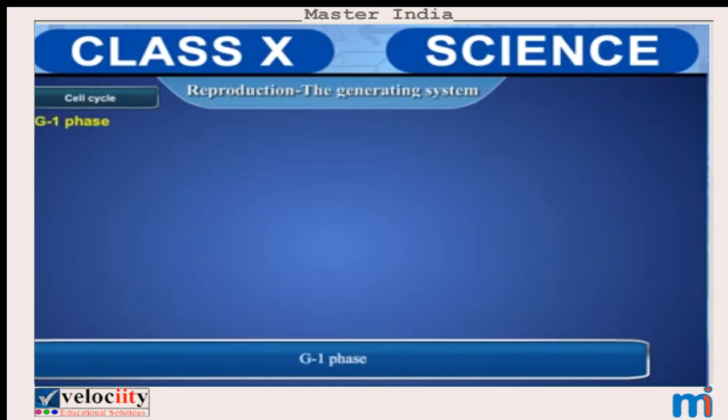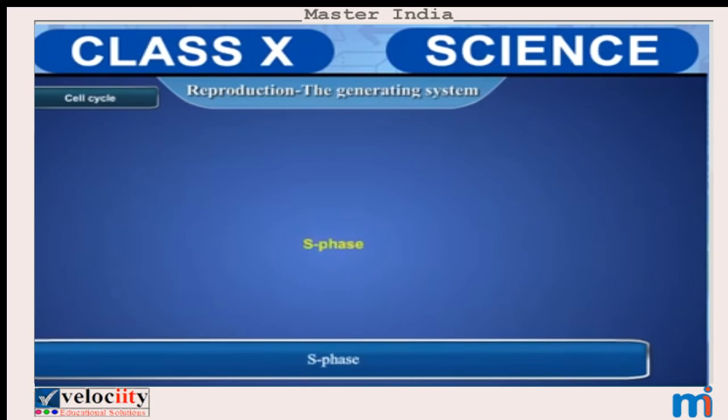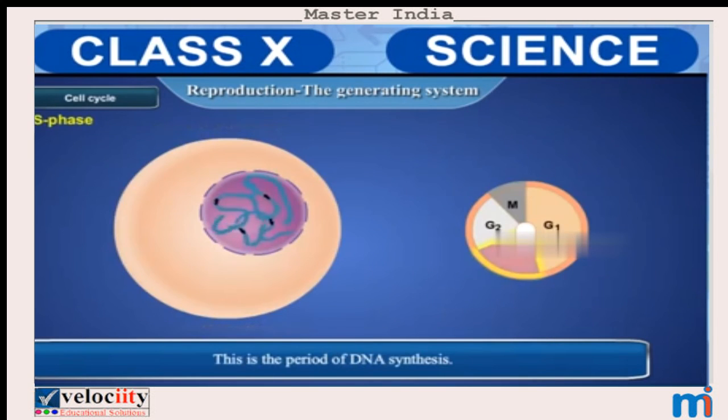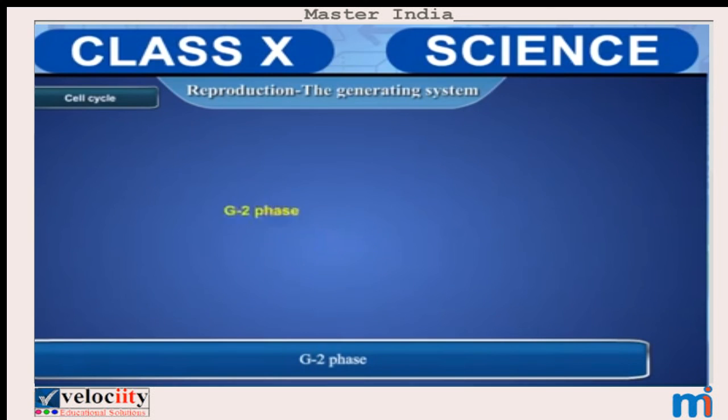G1 phase. This is a period of growth between the completion of mitosis and the beginning of DNA replication. S phase. This is a period of DNA synthesis. G2 phase.